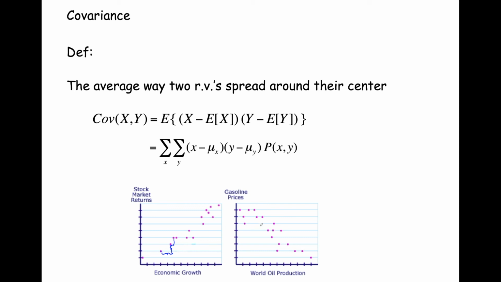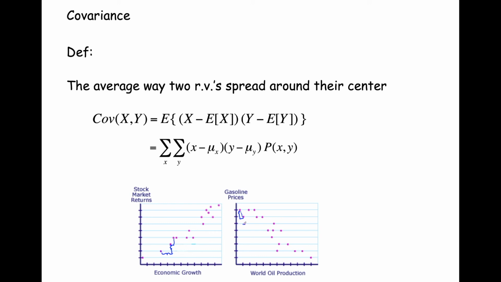Let's take this other example on the right-hand bottom side of the slide. Along the horizontal axis, you have world oil production. And on the vertical axis, you have gasoline prices. Now, let's think about this. If there's more oil availability, well, supply and demand would dictate that gasoline would be cheaper. Gasoline is made from oil. So if we trace these data points, going from left to right, we have some unit step increase in oil production from here to here, and some unit step decrease in gas prices. Okay, so let's try from here to the next point.